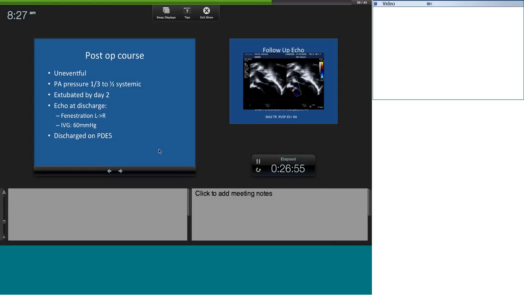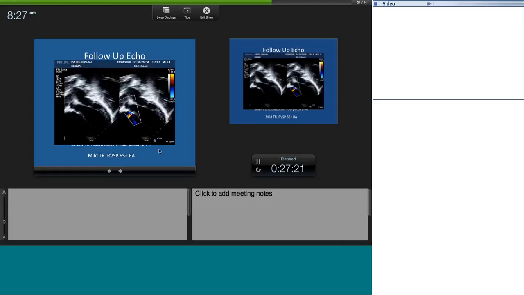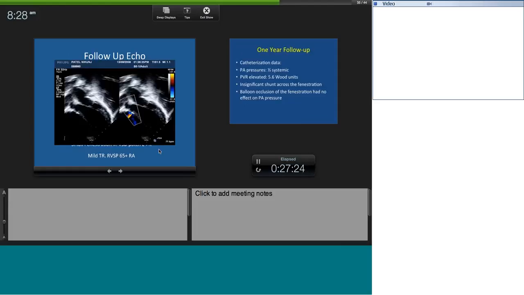PA pressure was 1/3 to 1/2 systemic based on PA lines that are placed early after surgery. He was extubated on day 2, that is the next post-op day. Echo at discharge showed a fenestration which was left to right. Gradient was 60, it looked good. We discharged on sildenafil. So all very good, isn't it? Are you happy?